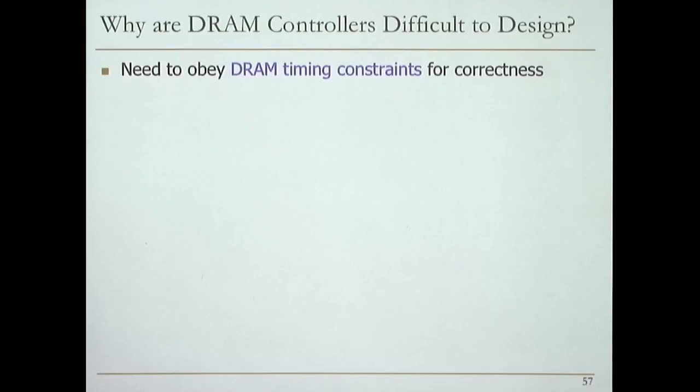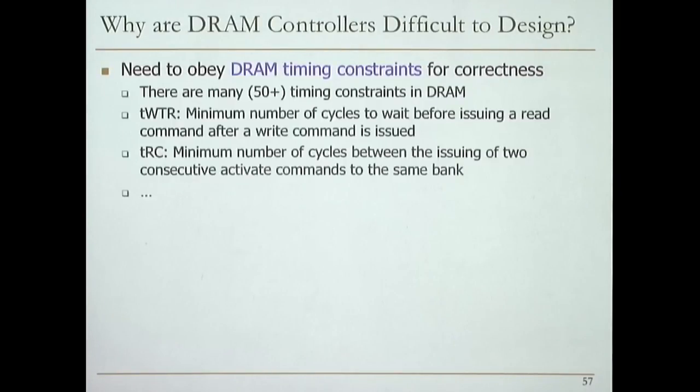You need to figure out whether it's a row hit or a row miss, and the column command that you send takes some time, and you cannot access data before that time. And you need to precharge a bank before you can do something else to it. Those are all example timing constraints.